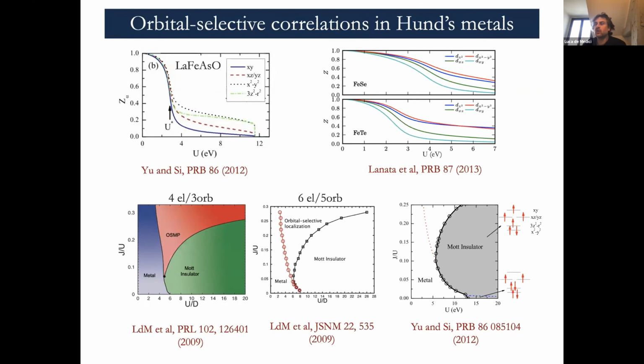I agree on one point, which is important. I agree that there is some confusion on what we mean by Hund's metal. That's why every time I give a talk, I try to say exactly what I mean. Probably we mean the same thing, and I think that it's not really possible to talk about effects of Hund's coupling without acknowledging that Hund's coupling is always a fraction of the Coulomb interaction.